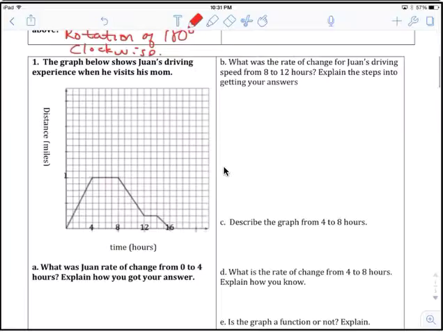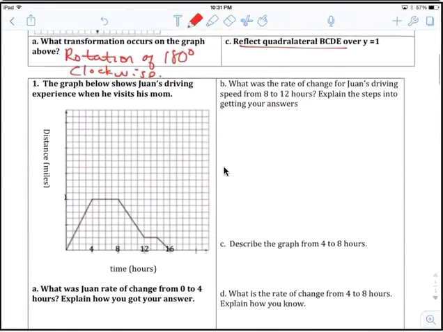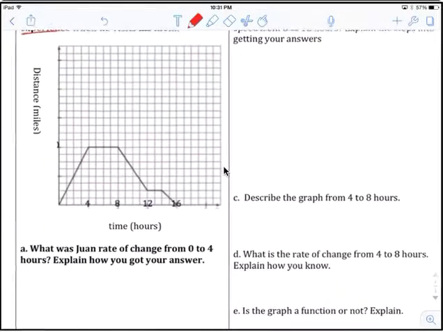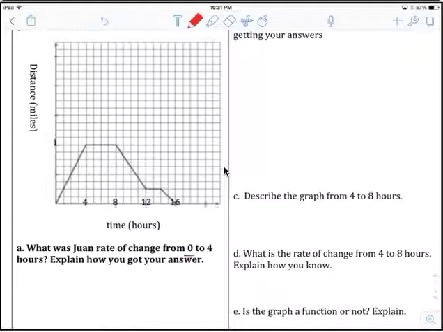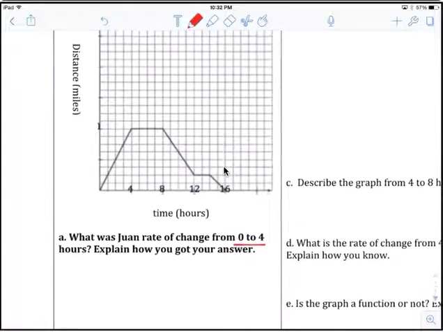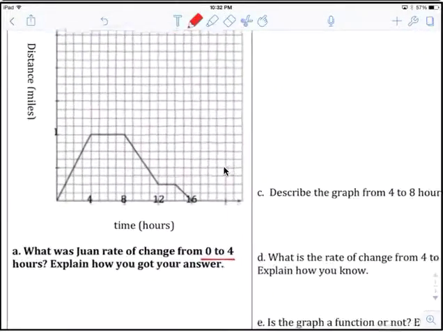Okay, and then this is Juan's driving experience when he visits his mama. Good for Juan. Okay, what is the rate of change from 0 to 4 hours? Juan's rate of change. What was Juan's rate of change from 0 to 4 hours? Explain how you get your answer. Okay, so I hope I put some numbers on yours.